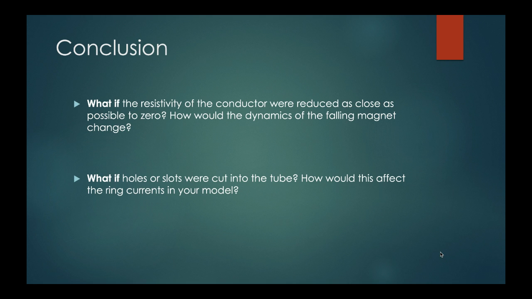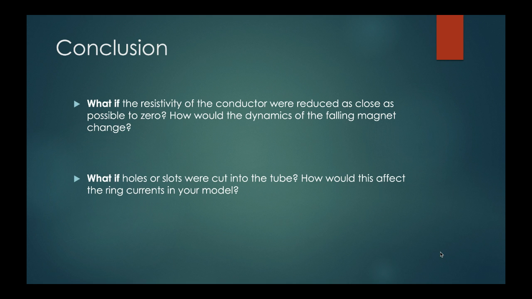Pretty much what this would mean is that the current would be significantly higher, meaning that the induced magnetic field or magnetic force from the ring would be significantly higher, meaning that the magnet would fall a lot slower because the opposing force would be a lot bigger, and the magnet couldn't accelerate nearly as quickly.